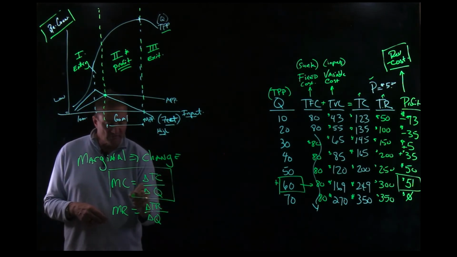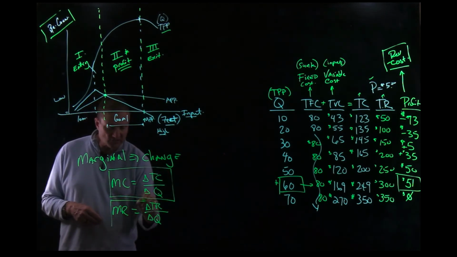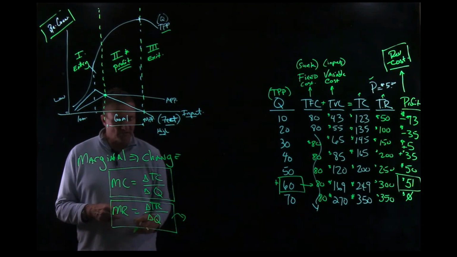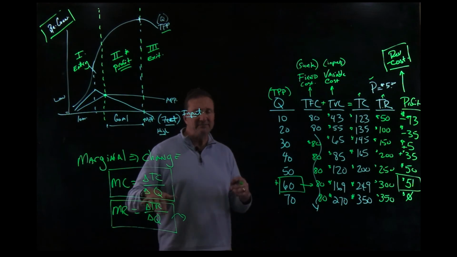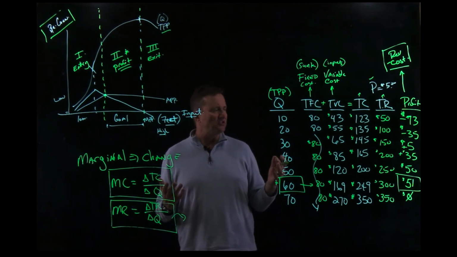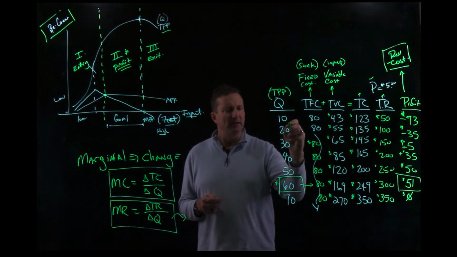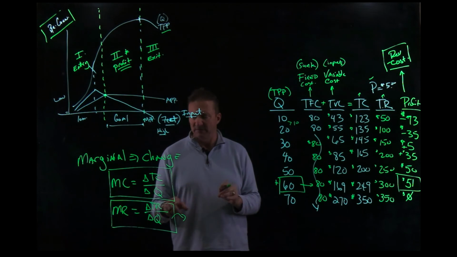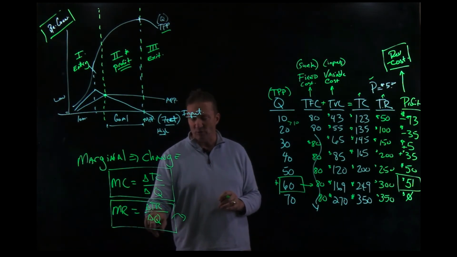So those are two formulas here to make sure that you have, except this one, I'm going to move it over a little bit. Every time I sell one more set of units, let's take our example right here to keep it simple. I move this up by 10 units of production. That's the change in my quantity.